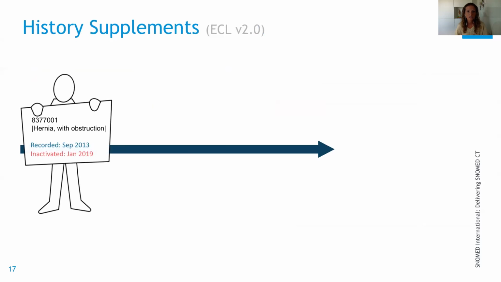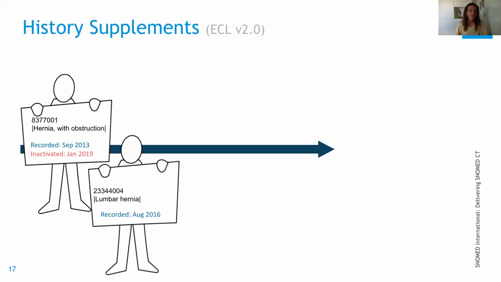Consider a patient who was diagnosed with a hernia with obstruction back in 2013. This was recorded using a concept that was active at the time of the recording, but the concept was then inactivated in 2019. Similarly, another patient was diagnosed with a lumbar hernia in 2016, and this concept is still active in the current release.